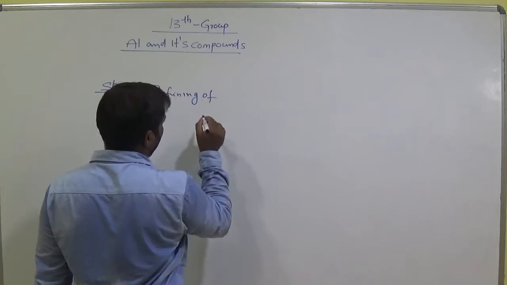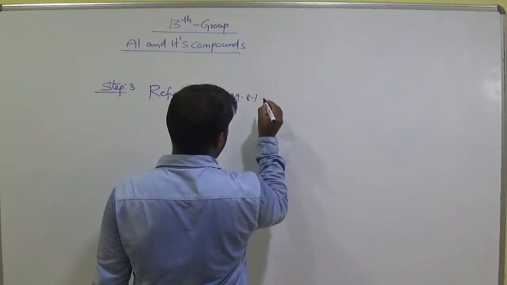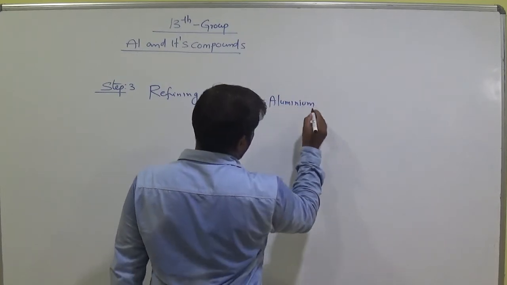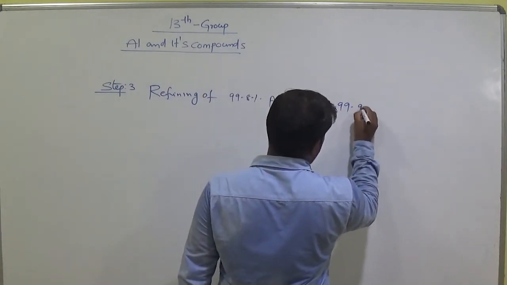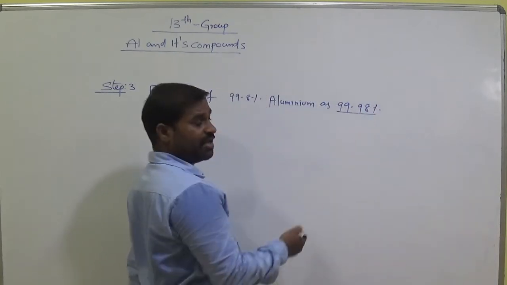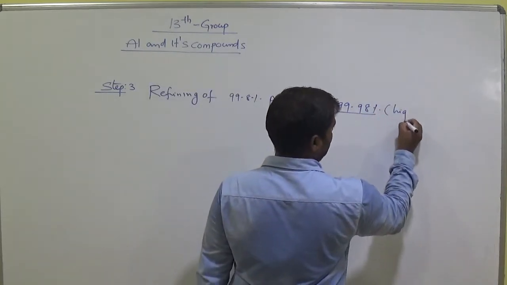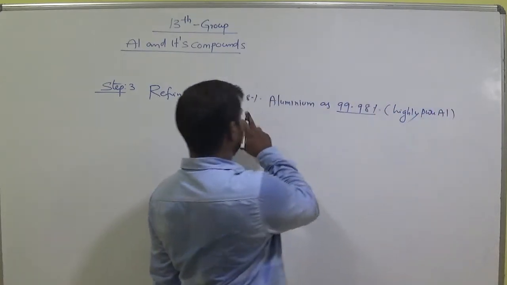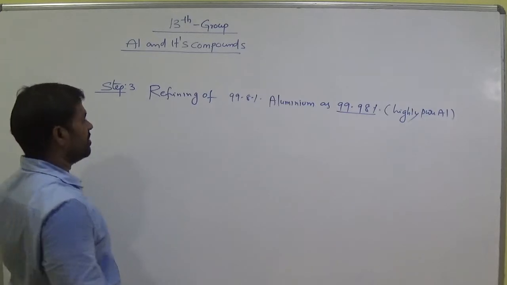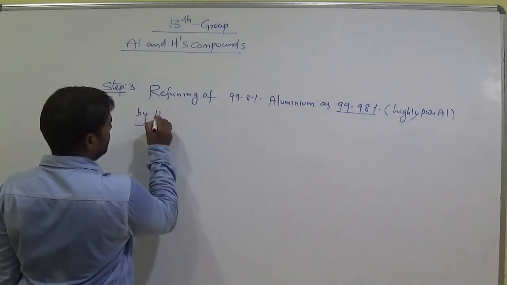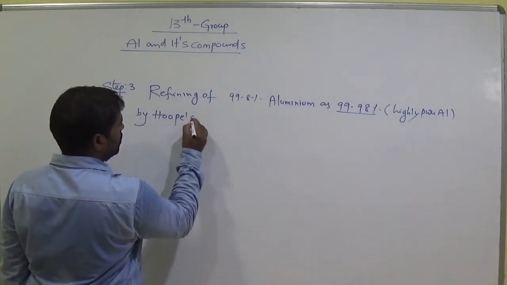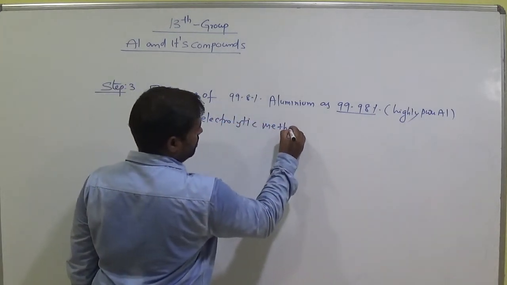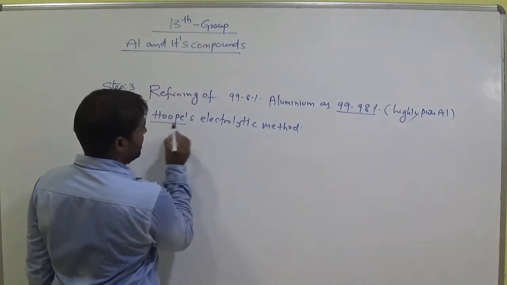Step 3 is refining of 99.8% aluminum as 99.98%. So highly pure aluminum. It is 99.8 only, that is made 99.98 by the Hoope's electrolytic method. This is the name of the scientist.